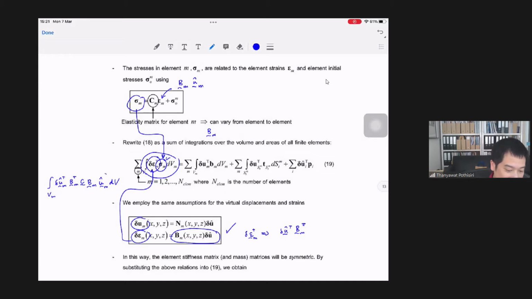And because these are nodal displacements, right? And these are also nodal virtual displacements. So you can pull this off from the integral, okay? Because those are constant values. They are nodal displacement values.